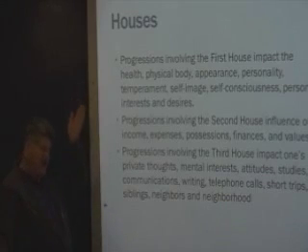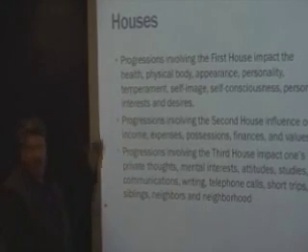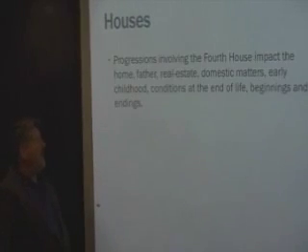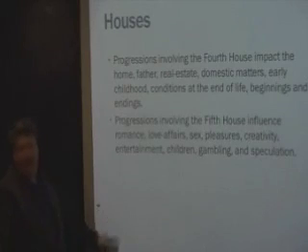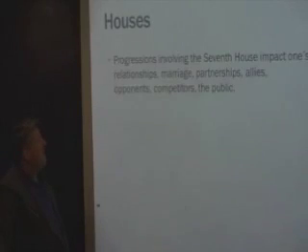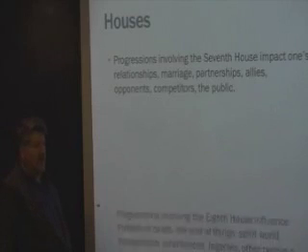If you know the houses in a chart: first house, physical body. Second house, your wealth. Third house, your private thoughts or studies. Fourth house, home, family. Fifth house, fun, love, romance, children, games. Sixth house, your work and everything that goes with that, your coworkers, colleagues. Seventh house, the others in your life, be it partnerships or the public.